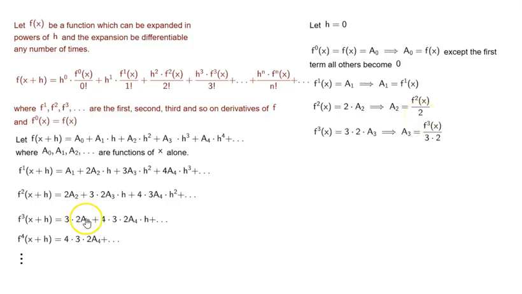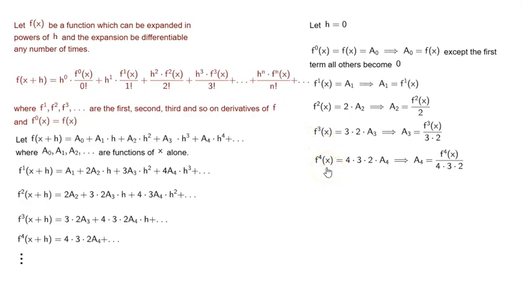The third derivative, all the terms become 0 because of h except the first term. So which means the third derivative of f of x equal to 3 times 2 times a3, which implies a3 is equal to f3 of x divided by 3 times 2. And let's take one more.